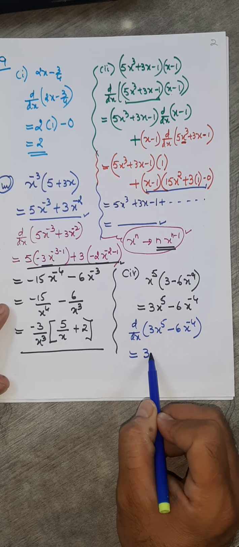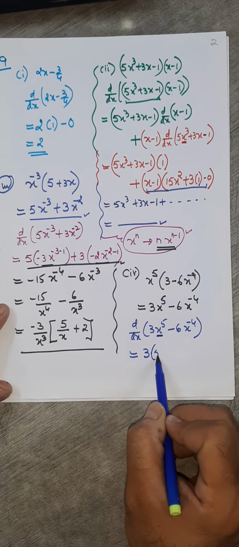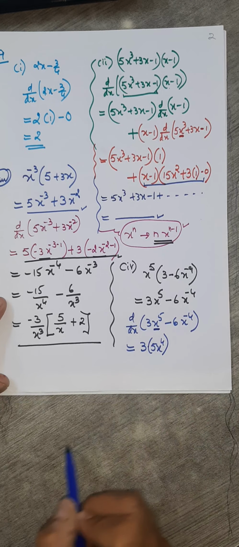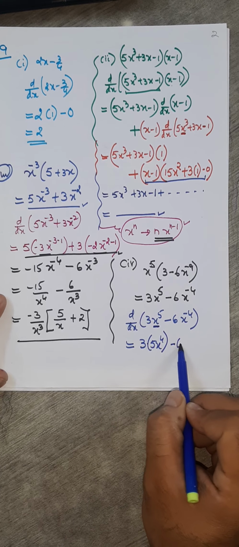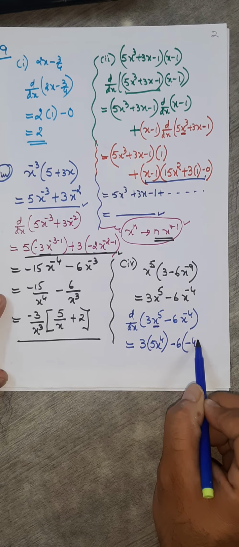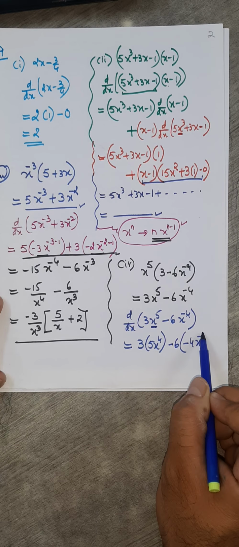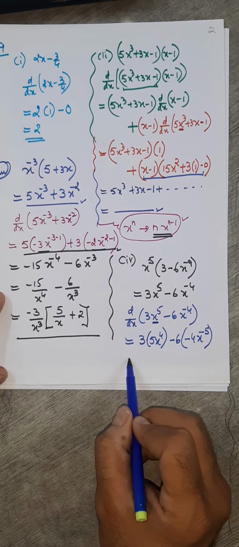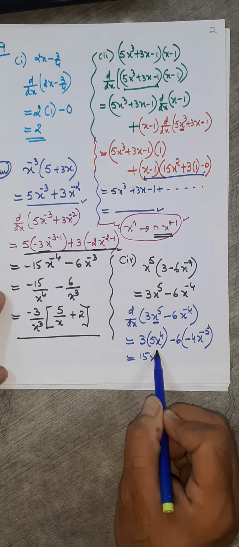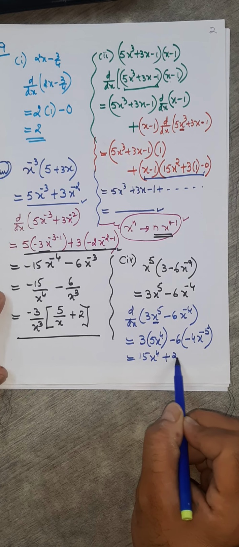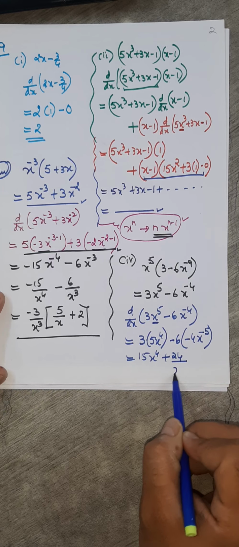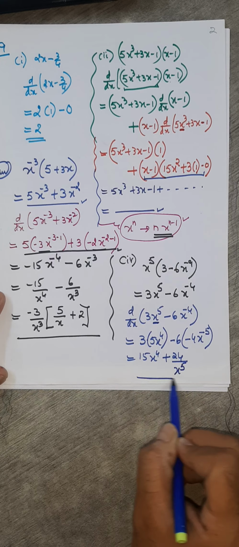3 being constant as it is, differentiation of this one is 5 into x raised to 4, minus 6 into minus 4 into x raised to minus 4 minus 1, so minus 5. So 15 into x raised to 4 plus 24 upon x raised to 5.